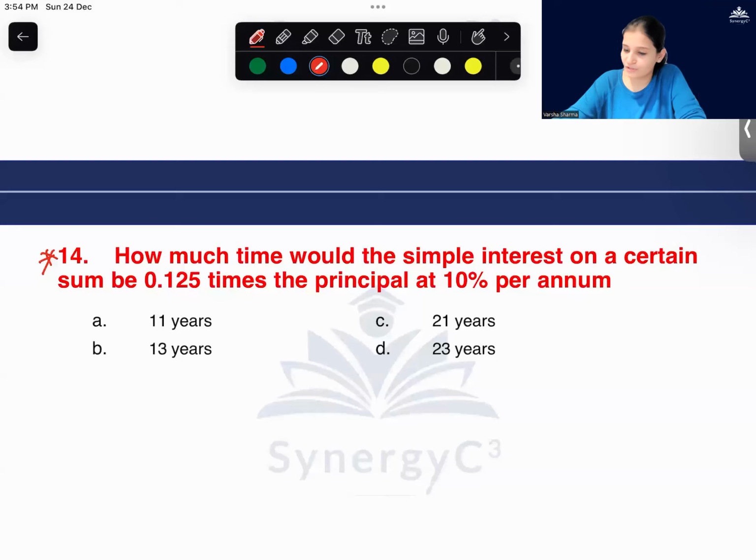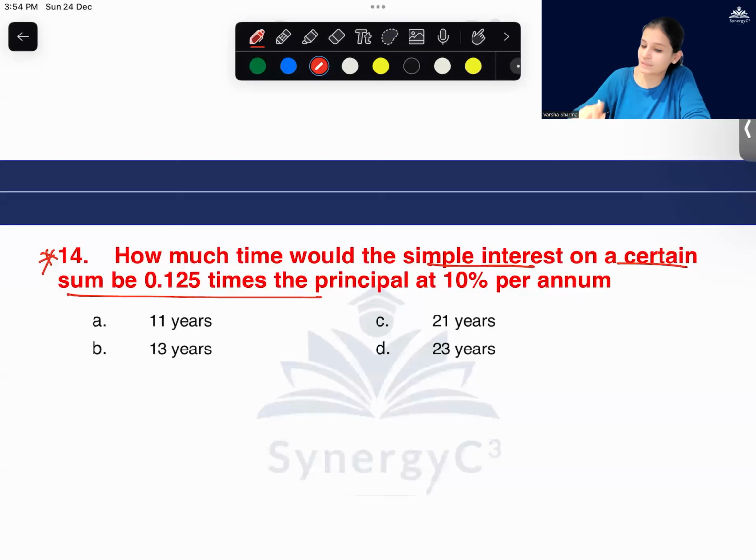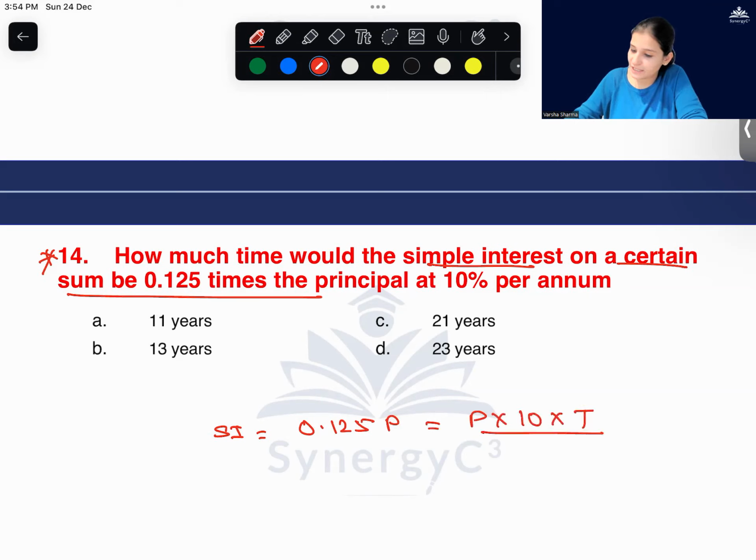All the options are wrong. So the simple interest on a certain sum would be this much. Simple interest is 1.25, sorry. So its simple interest is 0.125 times principal. This is equal to P into rate into time divided by 100. P gets cancelled.